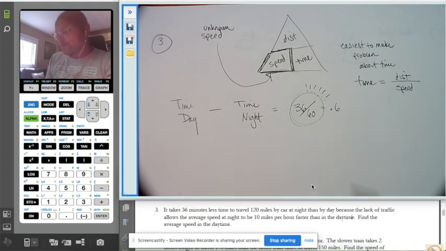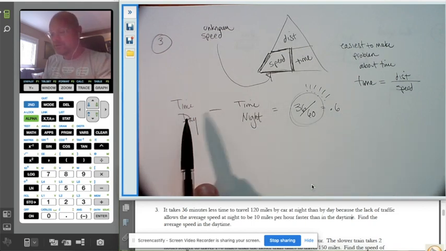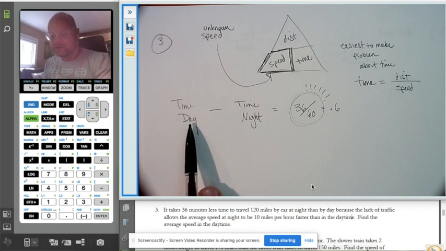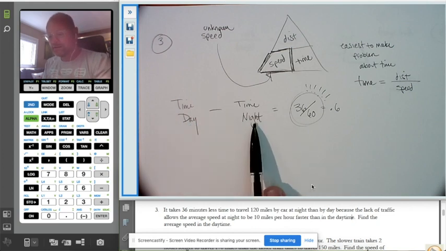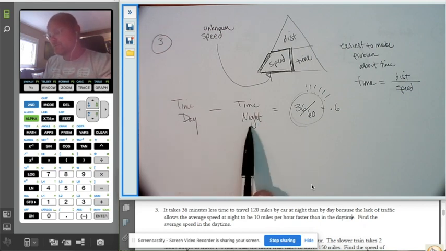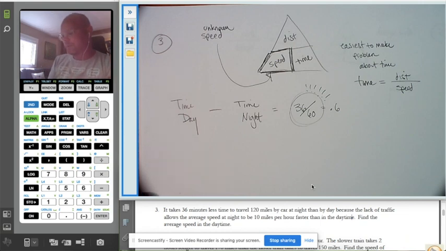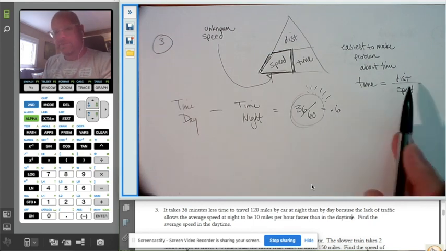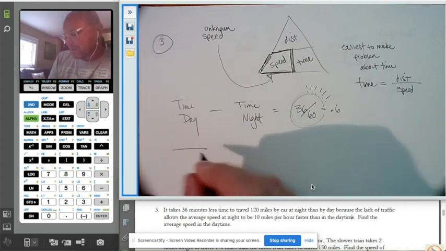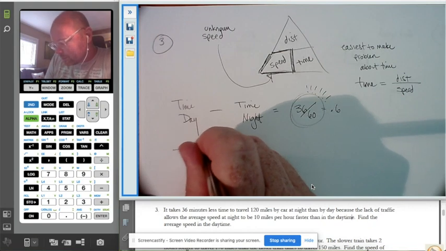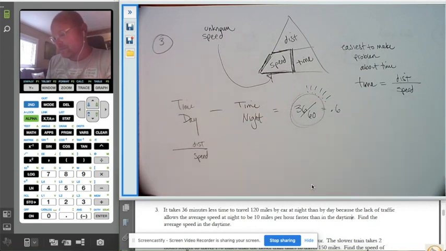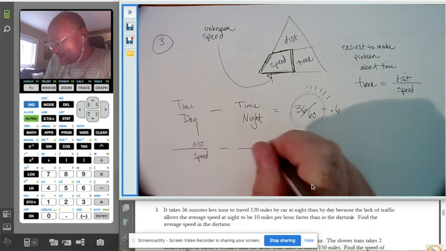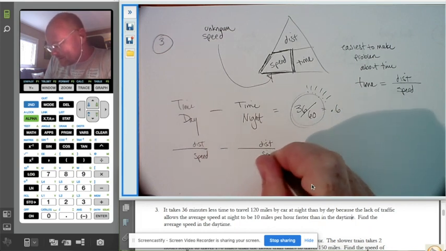So what we're talking about is the difference between how long it takes to drive somewhere during the day and how long it takes to drive that same distance at night. The difference in those two times is 0.6 hours. Let's now talk about how to subtract those two times. What is time? It's distance over speed. So I'm going to have a distance over speed in the daytime, and a distance and a speed at night.